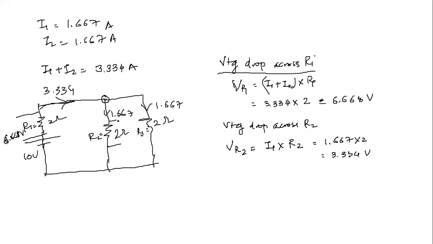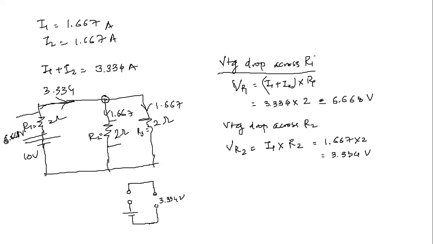Let me draw the diagram once again for this loop only. See how much this voltage is, 3.334, right? That is the drop across this one.